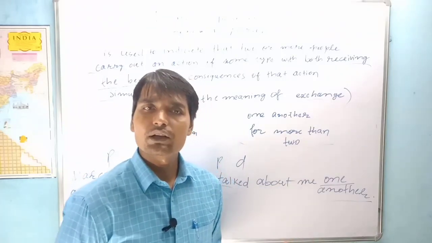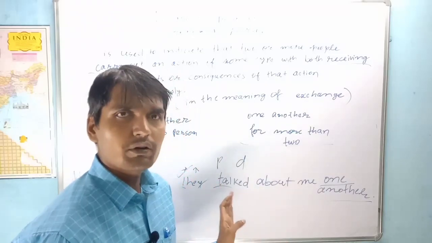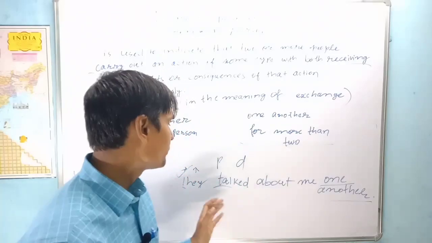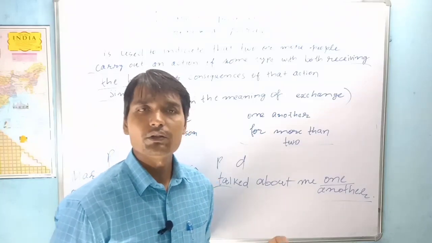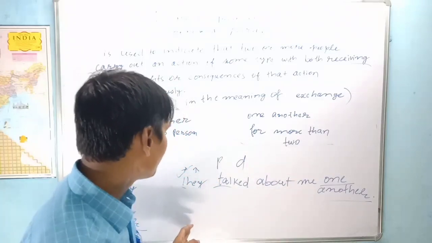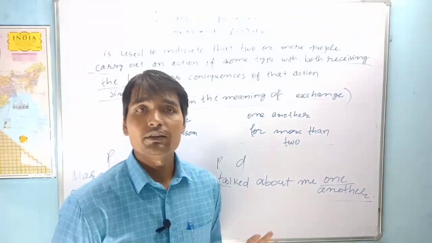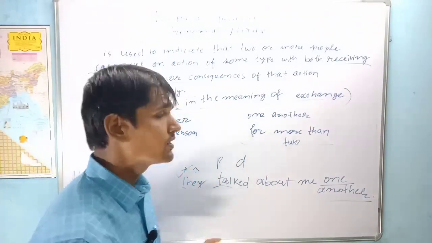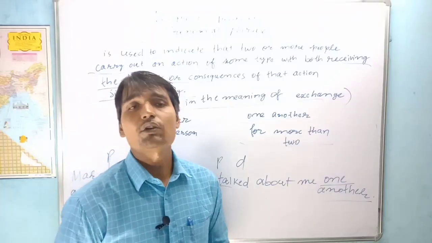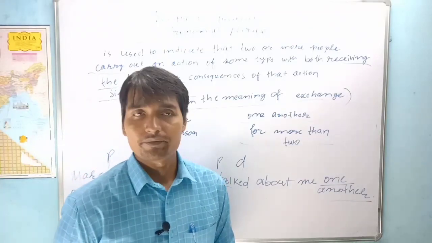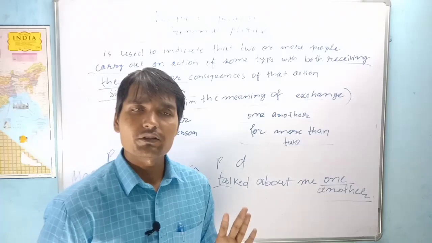All the people are talking about me, these people would be known, but they have been replaced with the pronoun they. For example, if it is written here Marcus, Anthony, and Sophia, there are three persons. Marcus, Anthony, and Sophia, they are talking to one another about me because there are three persons.